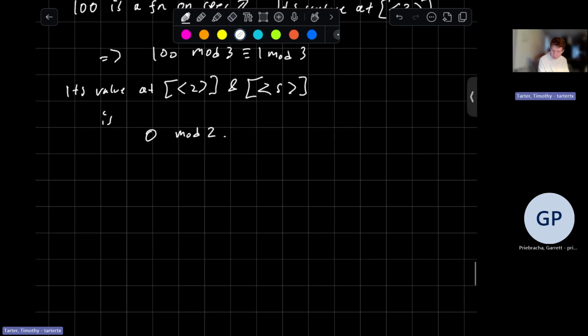And so we want to say that 100 has a double pole.